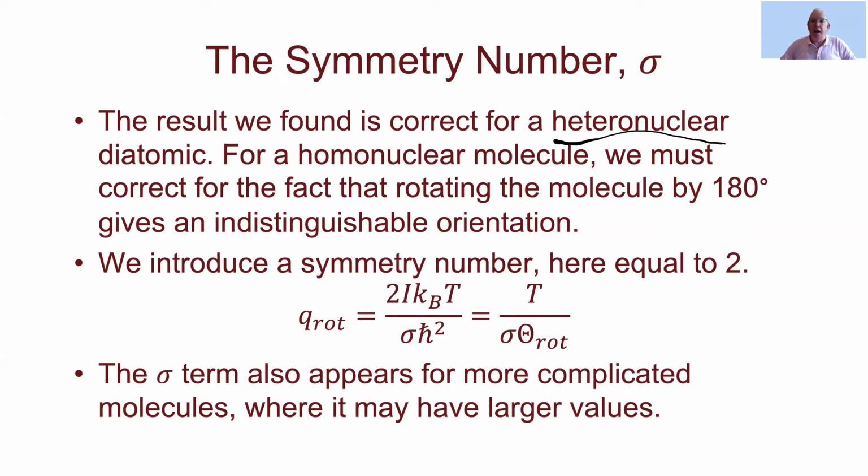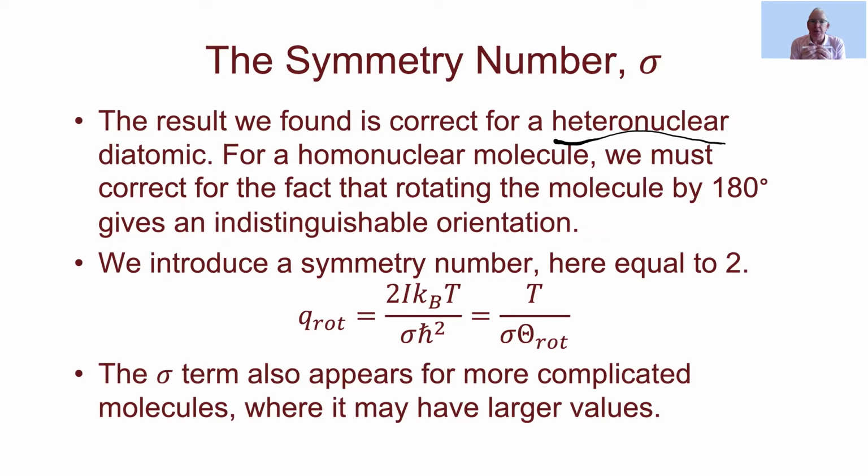So if I take my CO molecule, if this is the carbon and that's the oxygen, and I rotate it 180 degrees, now the carbon is over here and the oxygen is over there. You can tell those two arrangements apart, because you can tell carbon from oxygen if you can see which one is which, or if you knew the masses of them, say. So those are distinguishable arrangements.